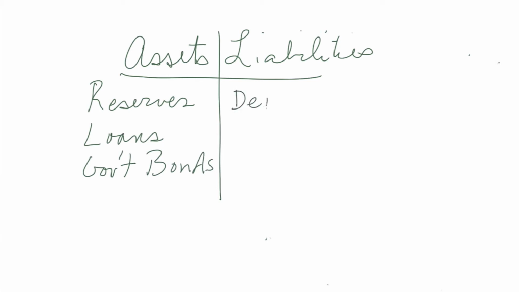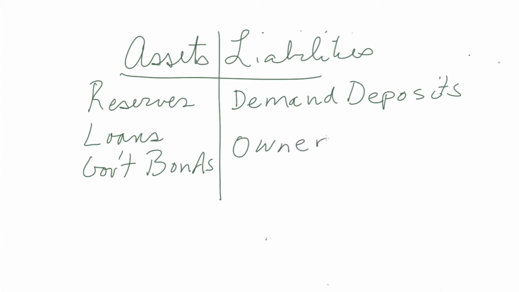On our liability side, remember, that is what is owed, we write the demand deposits. Additionally, we're going to put owner's equity. And owner's equity is the difference between assets minus liabilities, because this is a balance sheet, so the asset side and the liability side must be equal.